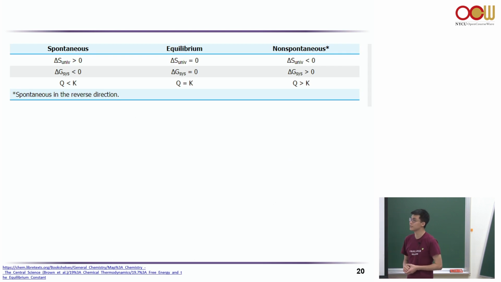Okay, so this is a key table. I don't want you guys to memorize this, but just try to understand this a little bit. You will see this over and over. The most important part is that delta S universe has to be larger than 0 for a process to be spontaneous. So what is the system? What is the surrounding? System plus surrounding gives you the universe so that you consider everything.